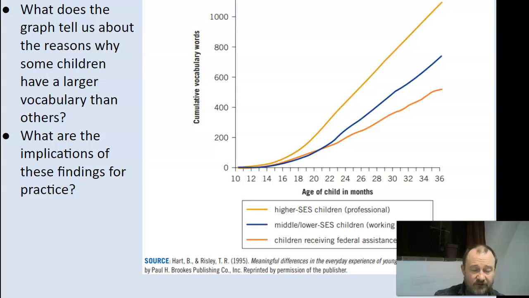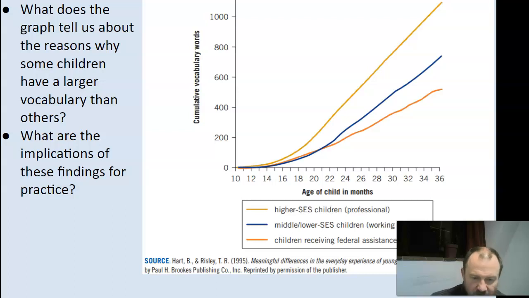some children have a larger vocabulary than others, and it is to do with the background of the parents, the socioeconomic status, SES. So those of higher socioeconomic status, the children of parents from professional backgrounds, have more vocabulary faster than children of middle or lower socioeconomic status.